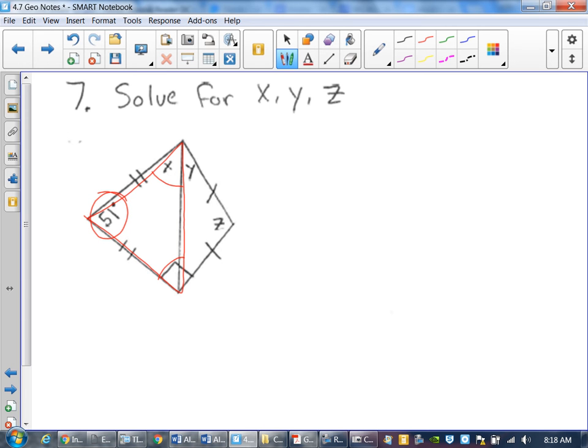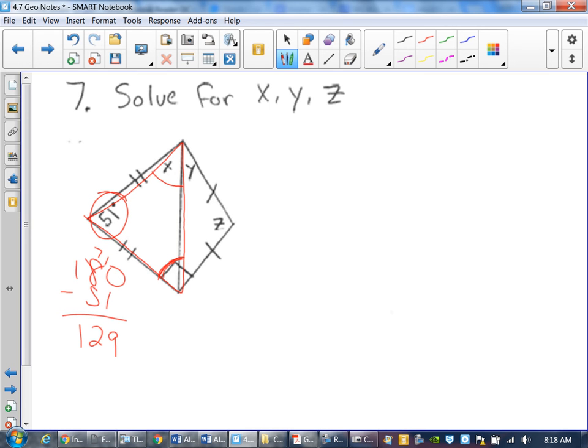Well, the bottom one is the right angle, 90. Well, that's not just this part. What we need to do here is figure out, well, how many degrees are in a triangle? 180. If I subtract out 51, what do you get? 129. Use your calculator.